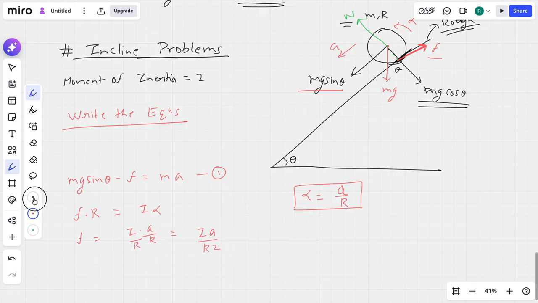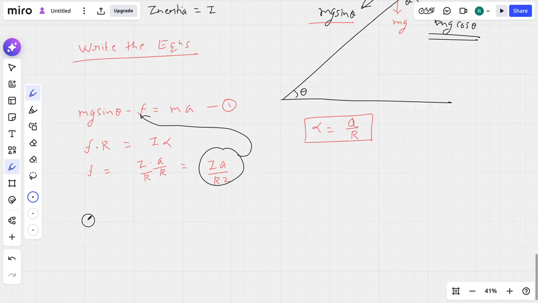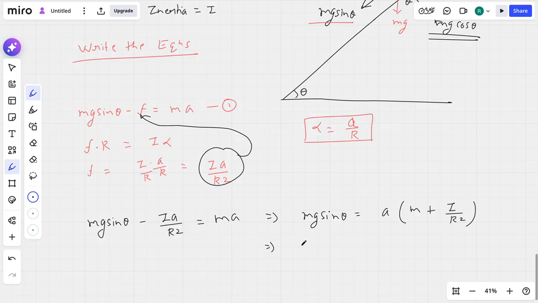Now let's put this value of friction in equation 1 and see what we get. So mg sin theta minus I A by R square equals ma. Then mg sin theta equals A into m plus I by R square, which is A into m times 1 plus I by mR square.